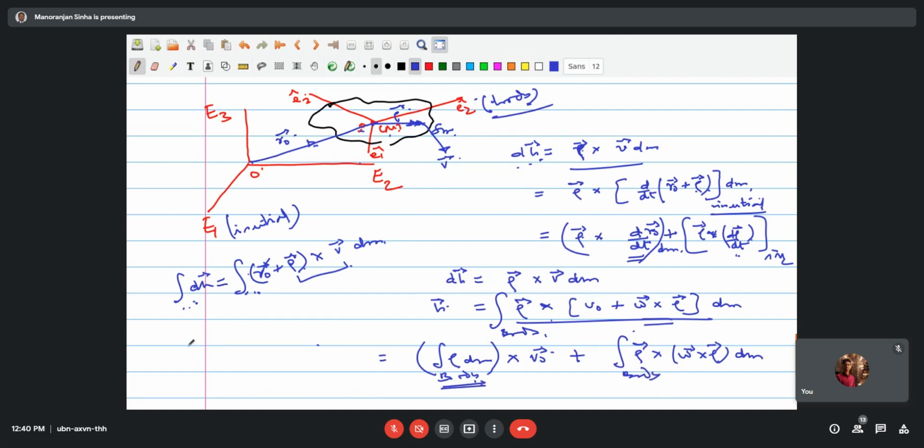This part is 0 if your point O is coinciding with the center of mass, so rho dm becomes 0 by the definition of the center of mass. So this part drops out and only this part remains.